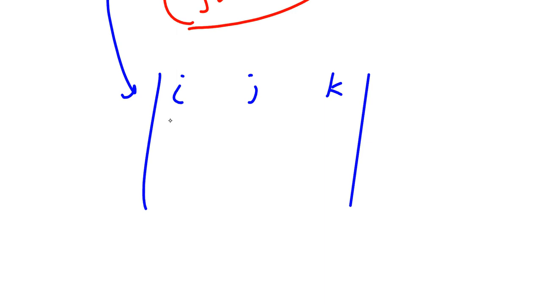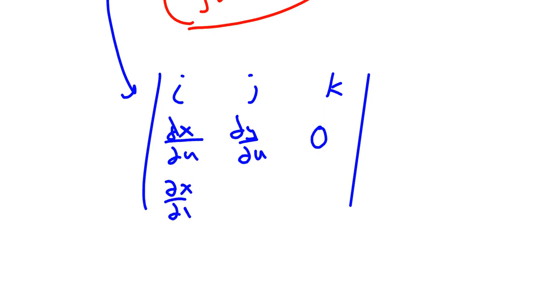This we can write as partial x partial u, comma partial y partial u, and then 0, because these vectors are just in the 2D plane for now. And then you're going to have partial x partial v, and then partial y partial v. So that's it.